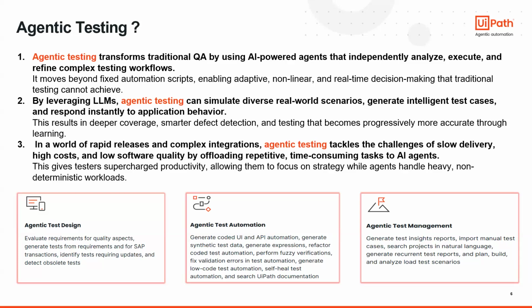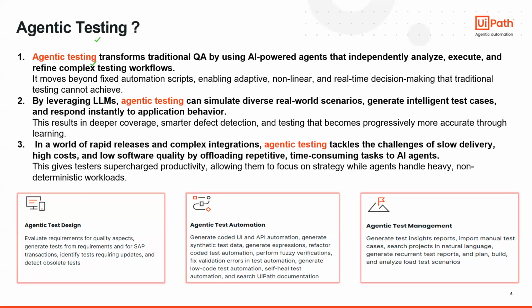Instead of relying on fixed linear scripts, these agents make real-time decisions and adapt to what is happening in the application. Second, by leveraging LLMs, agentic testing can simulate richer real-world scenarios, generate intelligent test cases, and instantly react to application behavior. This leads to deeper coverage and smarter defect detection that improves over time.